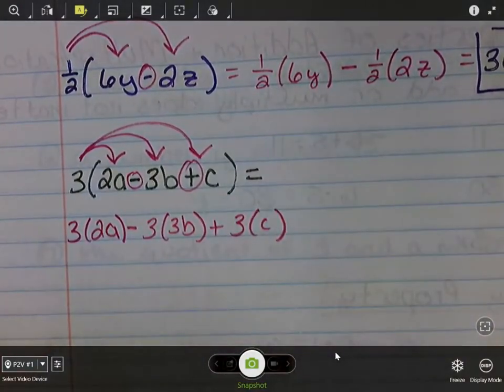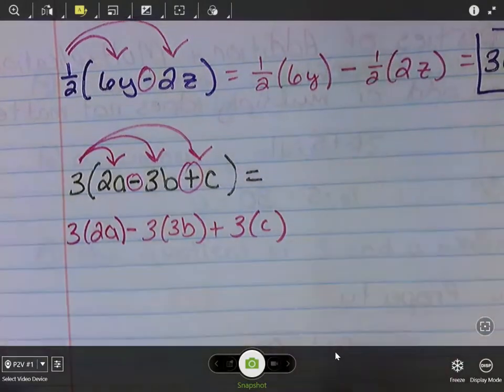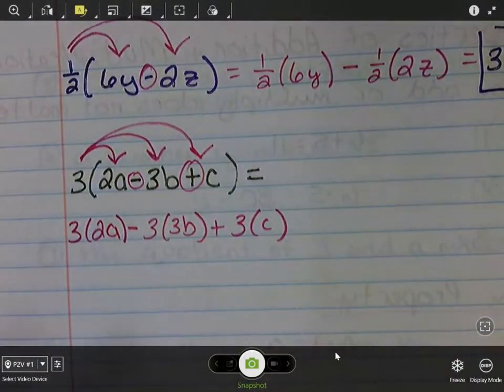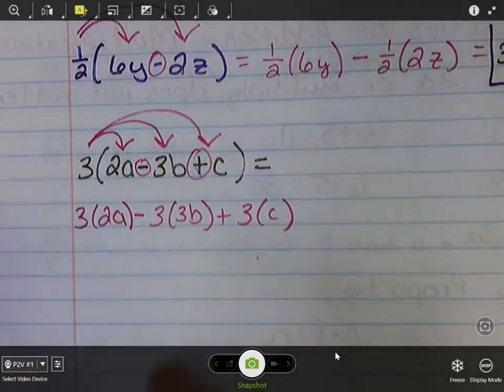Okay. And it's just because I knew I was going to run out of room. And this is actually how I prefer to work anyway. I like to work down rather than across because it helps me stay in order and right on top of each other so I can make sure I've used each one.